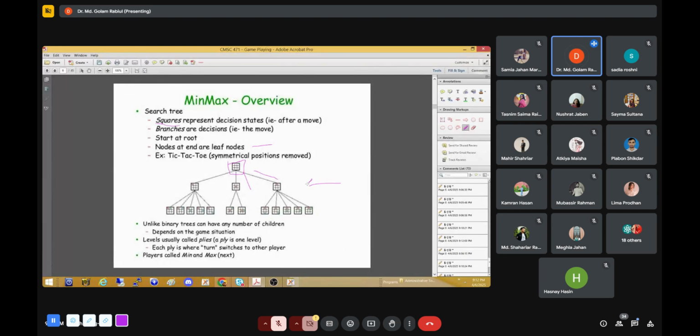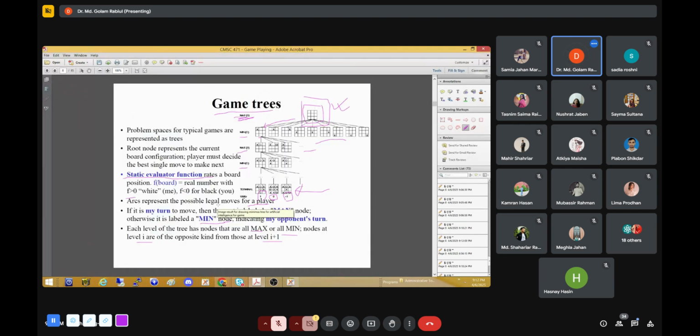We can design this game tree also by removing the symmetrical positions. Some of the positions are symmetrical, and that's why removing those symmetrical positions will not hamper our total search tree.